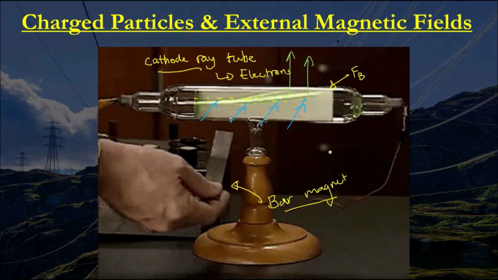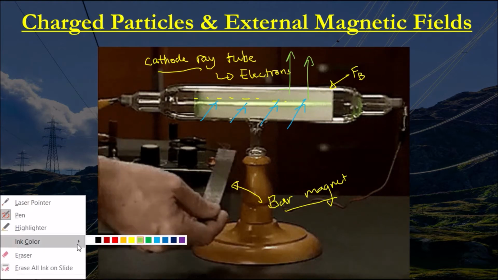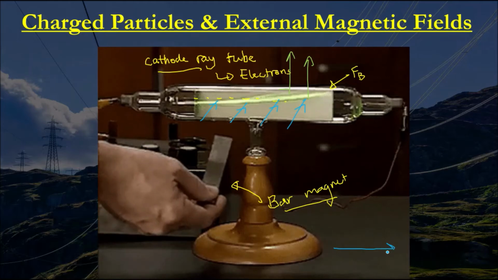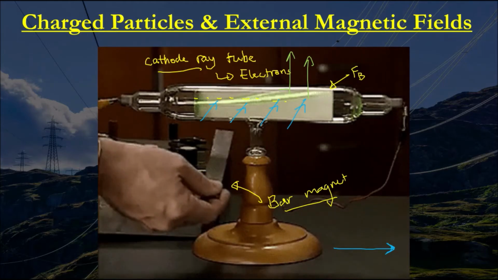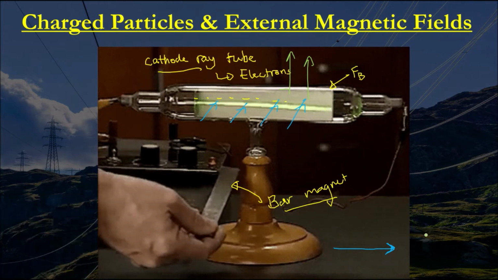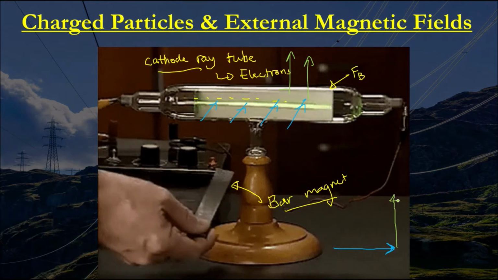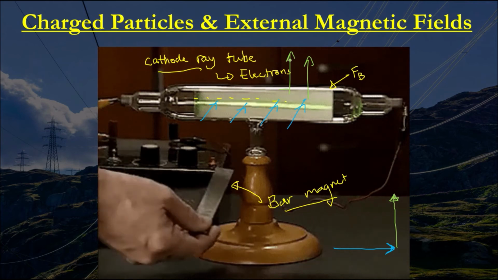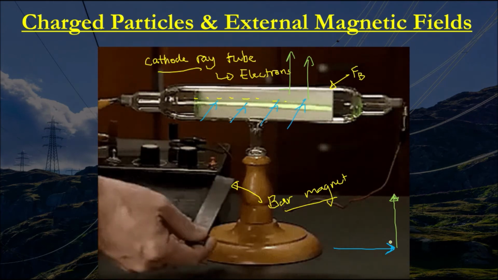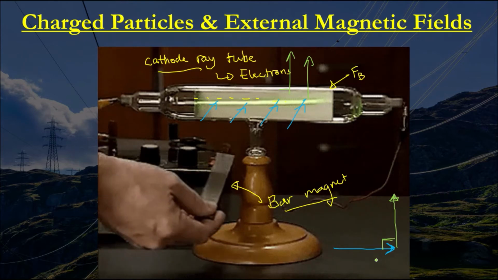So if you picture it in a side-on view, I see the magnetic field coming directly horizontal, and I'm seeing the force, or the direction that's being placed on the electrons, acting perpendicular to that direction.